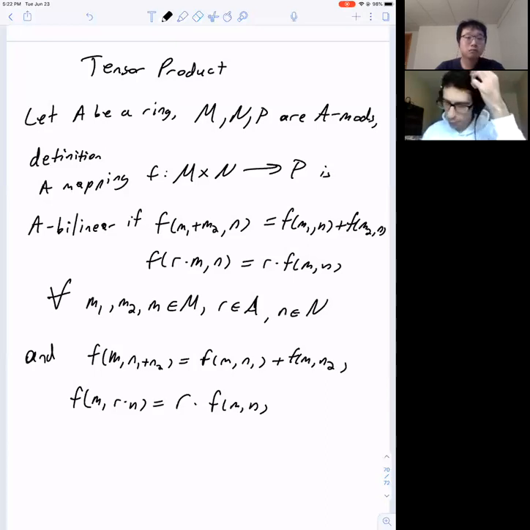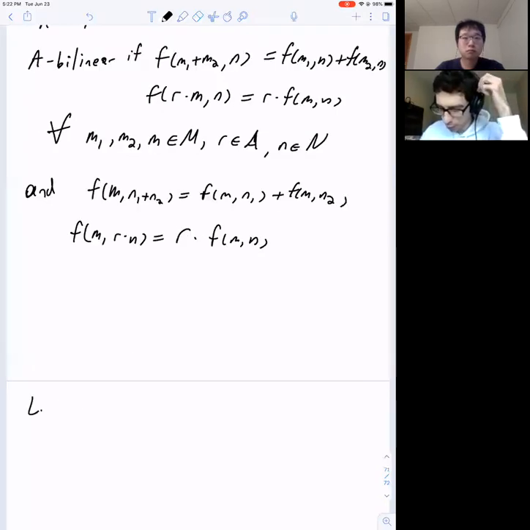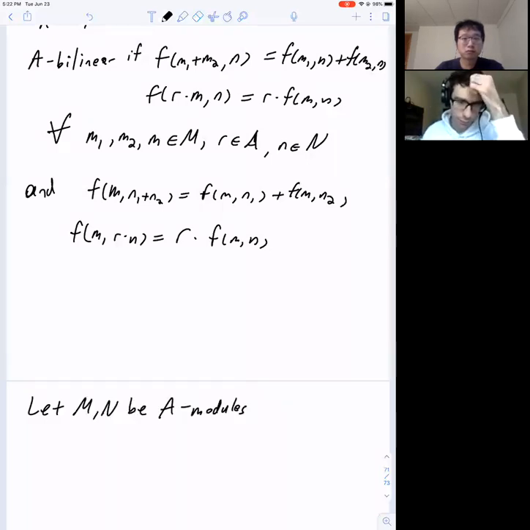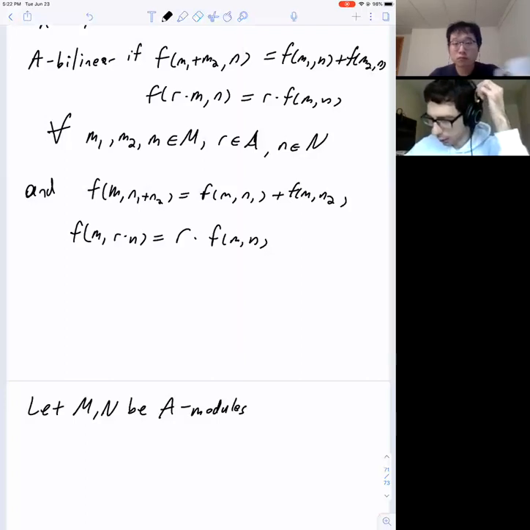So again, let M, N be A modules. We will define a universal object when we have an A bilinear mapping. So here we talk about the tensor product.